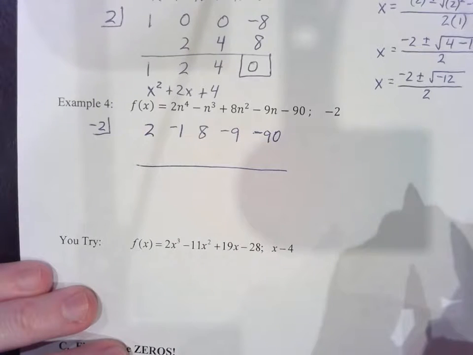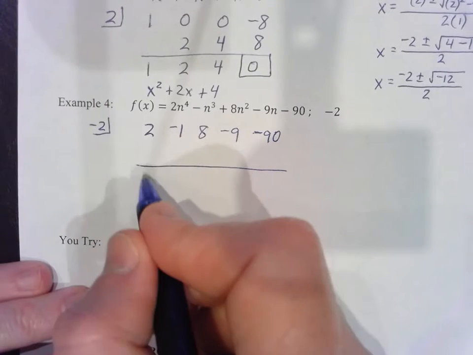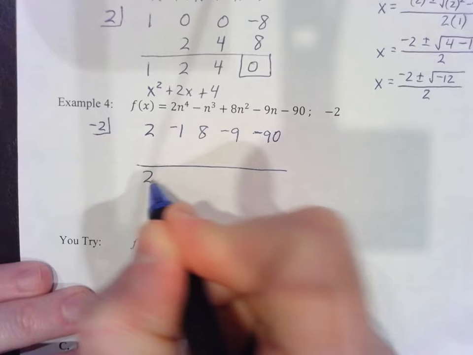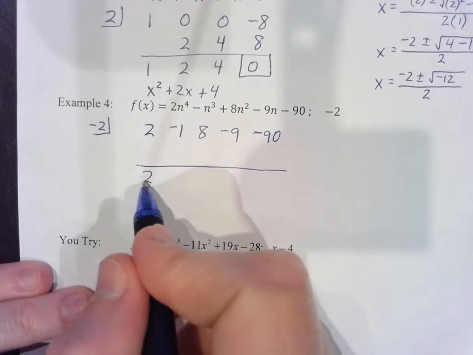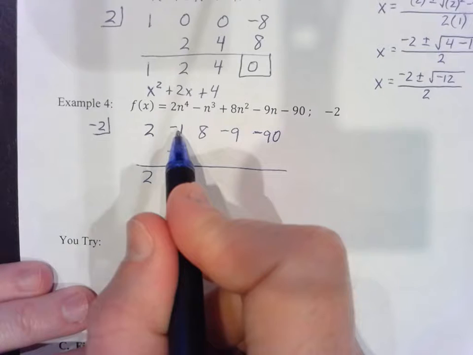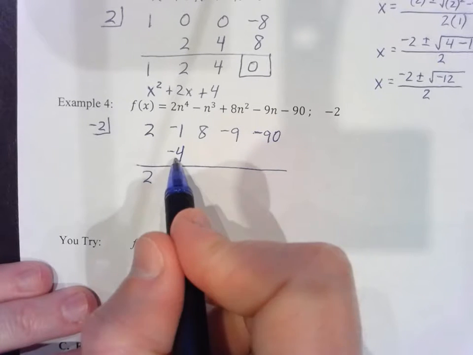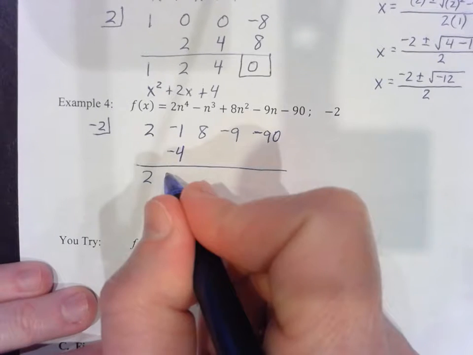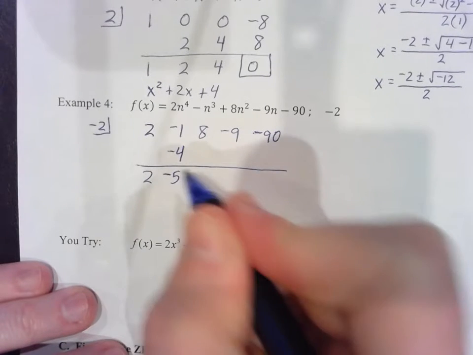So, synthetic division, bring down the first number, and then multiply 2 times negative 2 is negative 4. Add coming down, negative 1 plus negative 4 is negative 5.